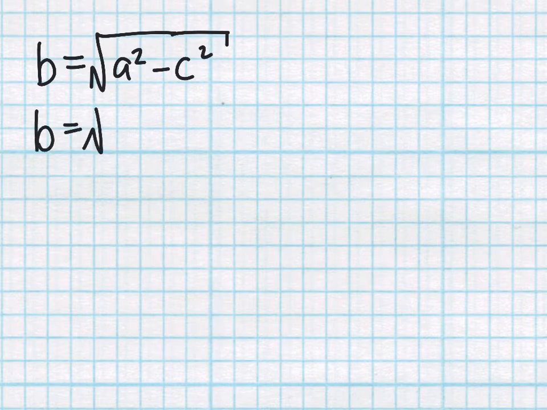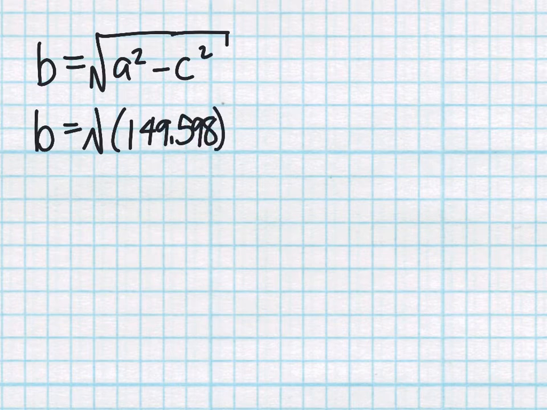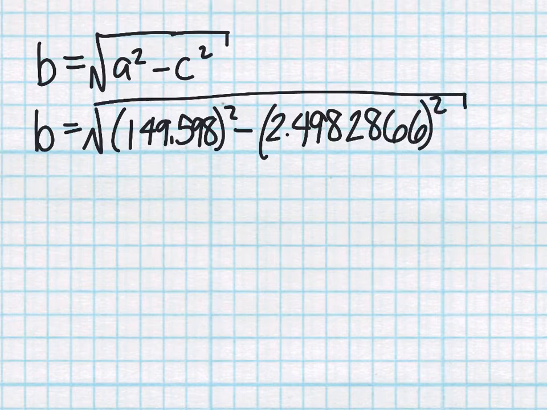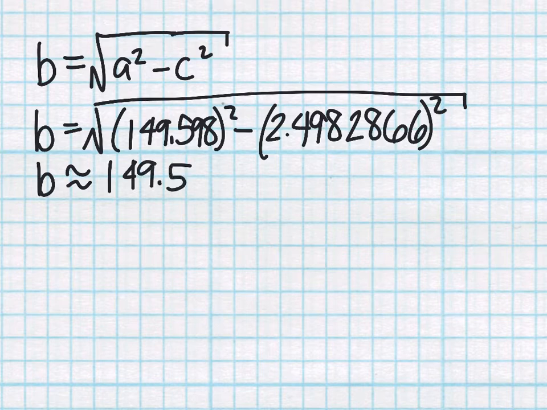B is equal to the square root of 149.598 squared minus 2.4982866 squared. So this tells me that b is approximately 149.577. So I've got b is 149.577.